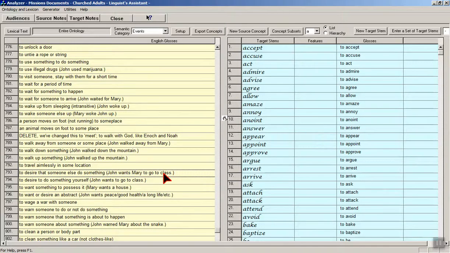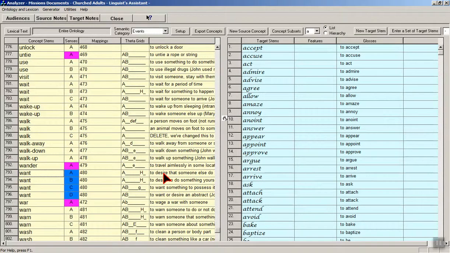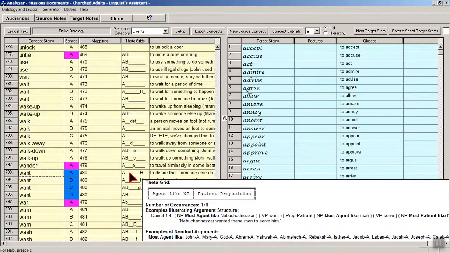John wants Mary to go to class. And if you get good at this, you can see the proposition structure from the letters here. That first A is an agent-like noun phrase, and the H is the subordinate clause proposition, the patient proposition.